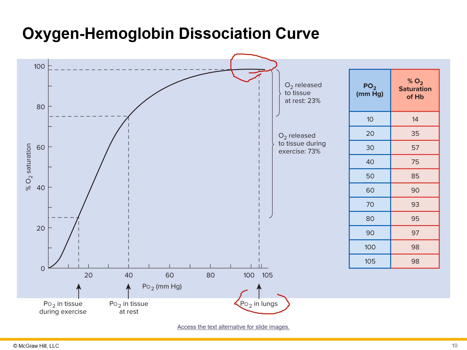As we go down in the partial pressure, which is like in our tissues, now the oxygen is going to dissociate or come off, down to about 75%. Whenever the partial pressure goes down to about 40, then it can go down even further during exercise, which causes more of the oxygen to come off of the hemoglobin to provide oxygen to those tissues.